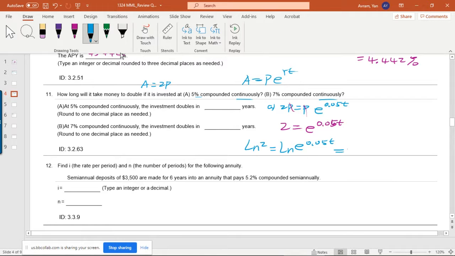Okay? And this whole thing, 0.05t, will be taken to the front and become the coefficient according to the logarithm property. And we know ln of e is equal to 1. So that's 0.05t equal to ln 2, right? So my t here will be ln 2 divided by 0.05. And we can go ahead and calculate this one right here.